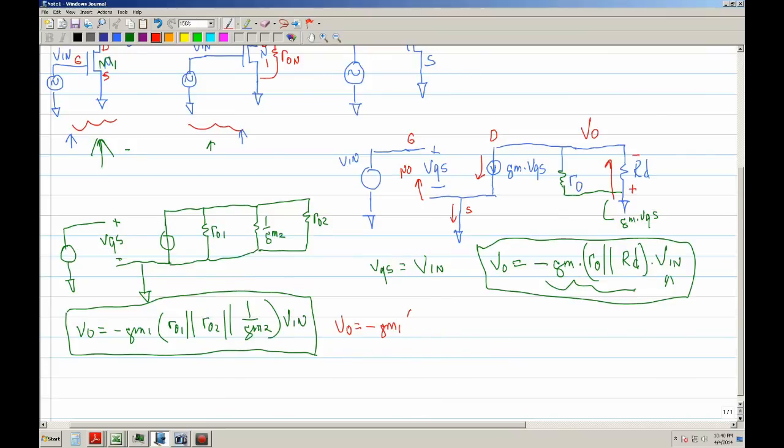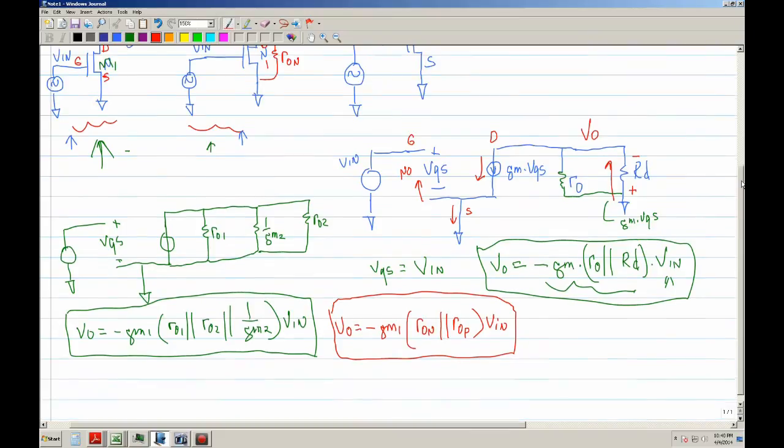And it's going to be the parallel combination of rout N in parallel with rout P. So very simple, you don't have to derive too much.